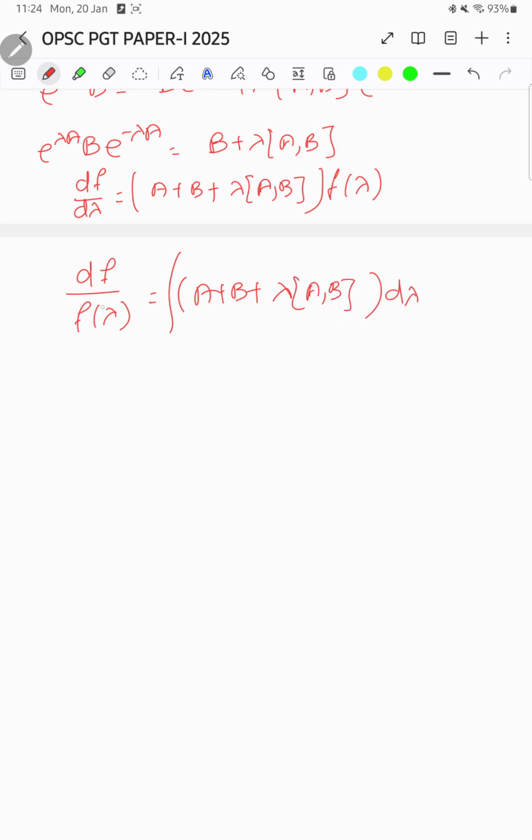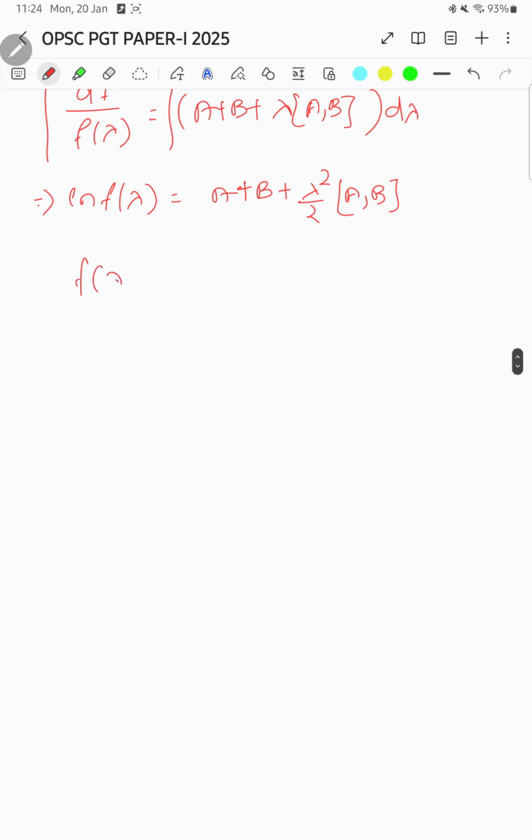Do the integration, we'll get ln of f of lambda will be equal to a plus b plus lambda square upon 2 [a, b] commutation. Okay, so f of lambda will become e to the power a plus b. Now you see I got the relation.